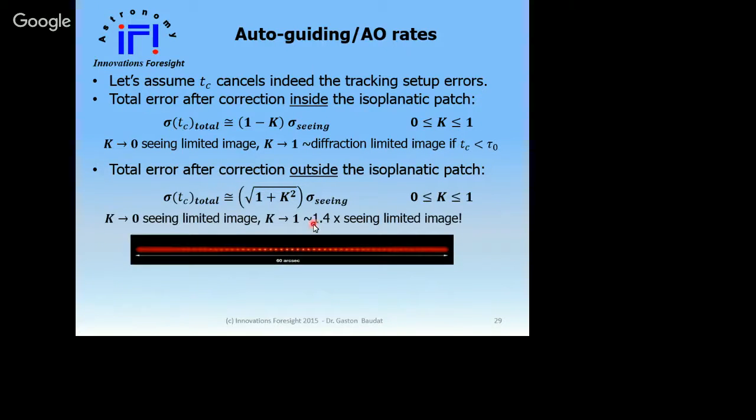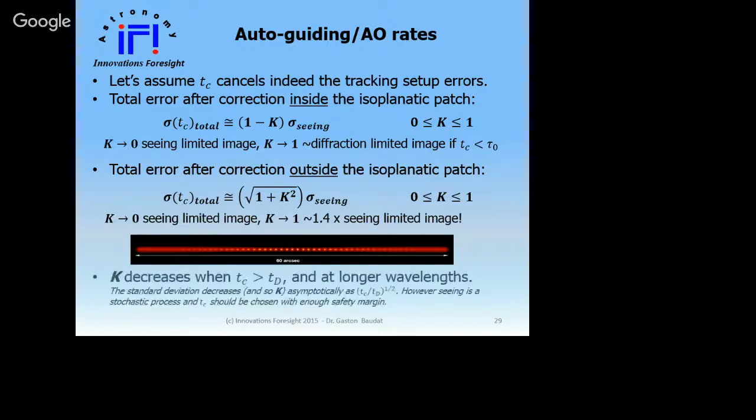This is back to this nice example where if you try to correct a target far away from the guide star, then you make the actual correction worse, because there is no correlation between the seeing component of the guide star and the actual target. You don't cross the same atmosphere. The turbulence structure is different.